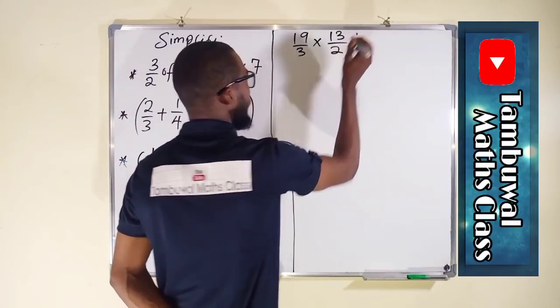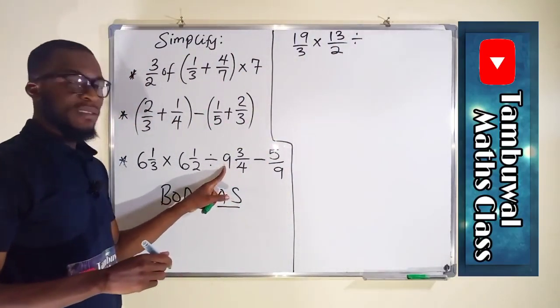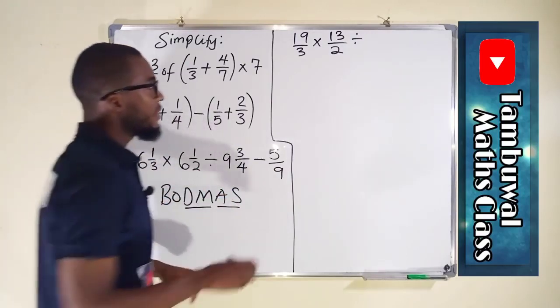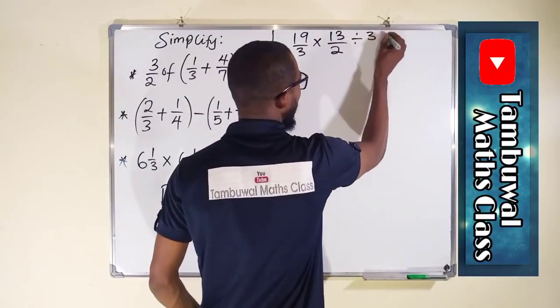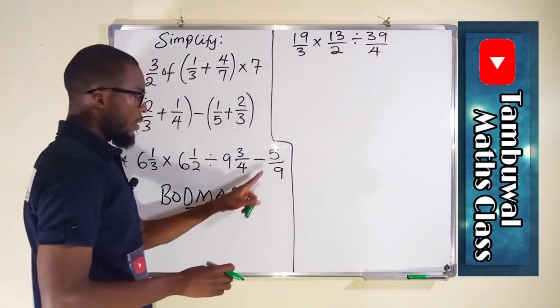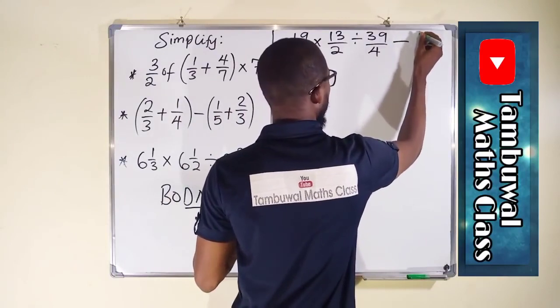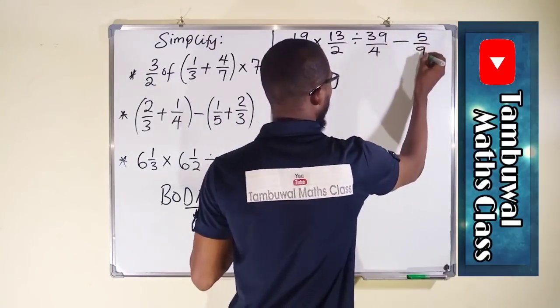Our division sign, 4 times 9 is 36. 36 plus 3 is 39. So we have 39 over 4. And the last one, minus 5 over 9.